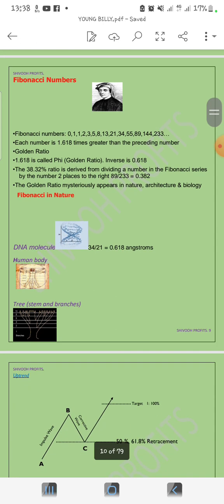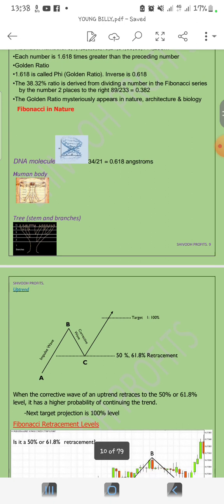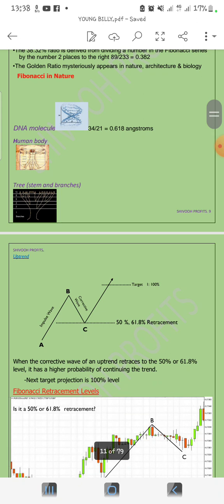So we always know that price can be in an uptrend, a downtrend, or in a consolidation. We want to use Fibonacci when the market is trending, so that's when the market is in an uptrend or a downtrend. The first illustration is when the market is in an uptrend. The move is from A to B to C, then it goes onwards up.